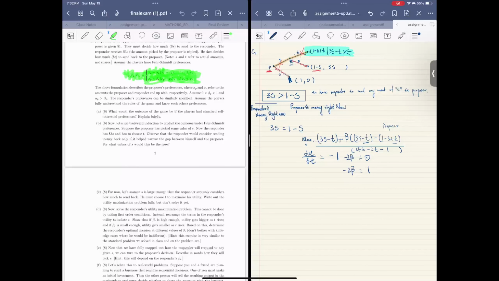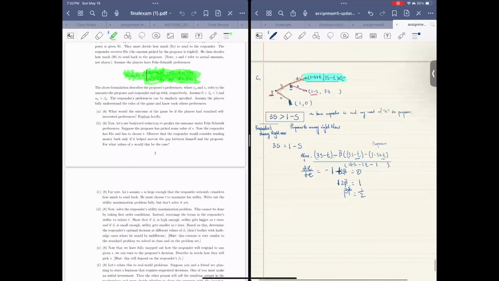Okay. So this minus minus, it's plus. So plus 2 beta. So beta equals 1/2. Okay. So does this make sense, this whole maximizing problem?